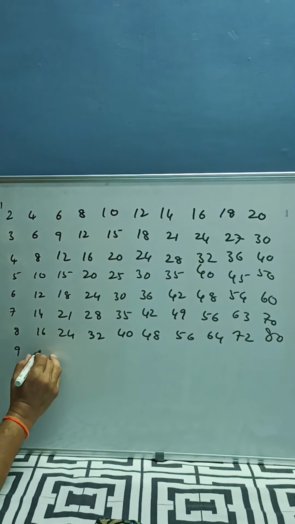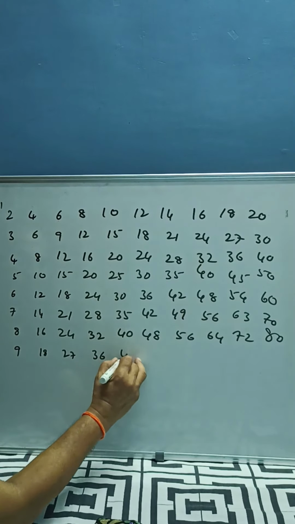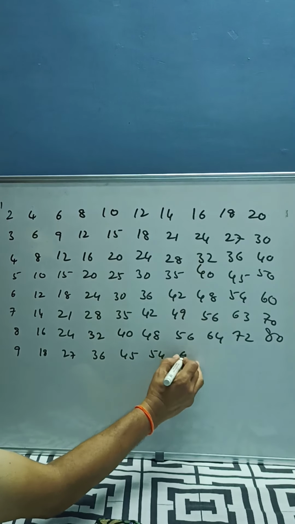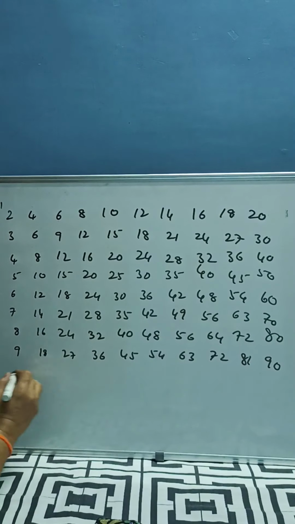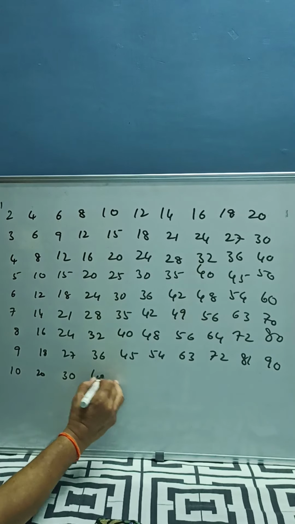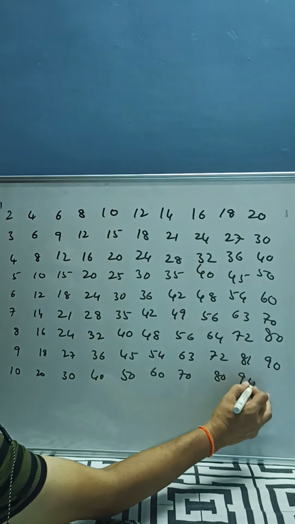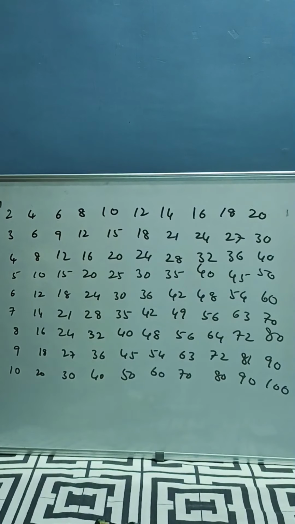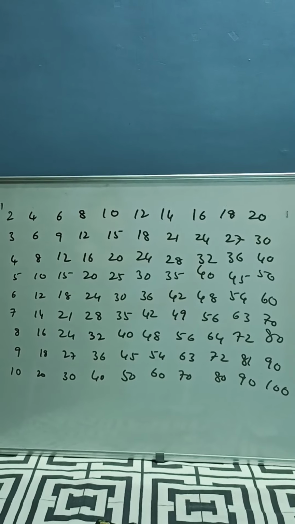Ninth table, 9, 18, 27, 36, 45, 54, 63, 72, 81, 90. Last, 10 table, 10, 20, 30, 40, 50, 60, 70, 80, 90 and 100. 2 to 10 tables I wrote within 3 or 4 minutes.